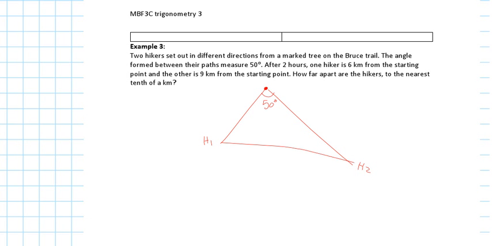We know A is where the tree is. We know B is where hiker 1 is, and this is where hiker 2 is. And we know that after 2 hours, one hiker is 6 kilometers and the other one is 9 kilometers. Okay? So you're going to solve for this.